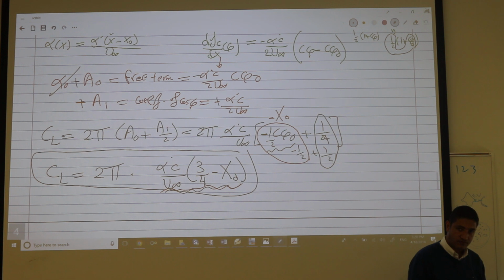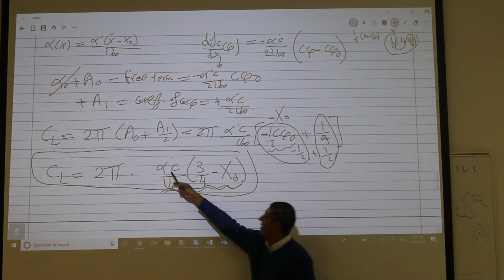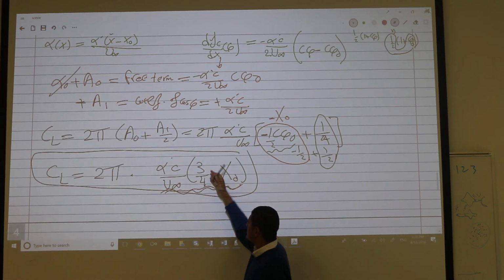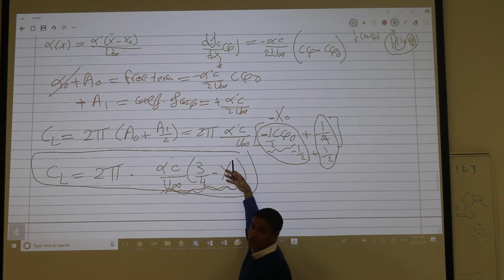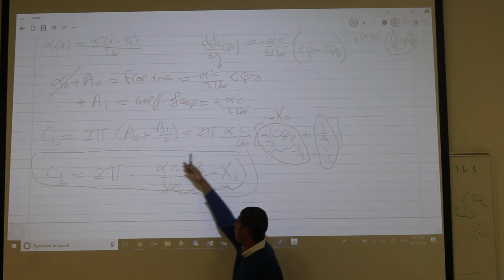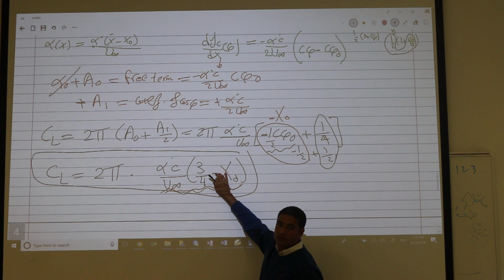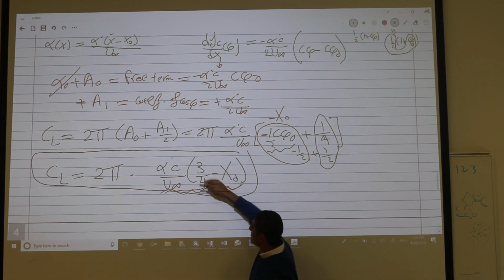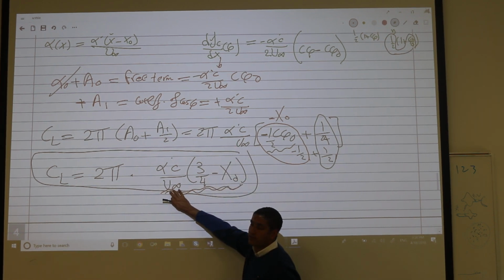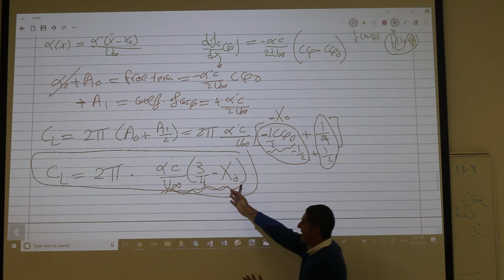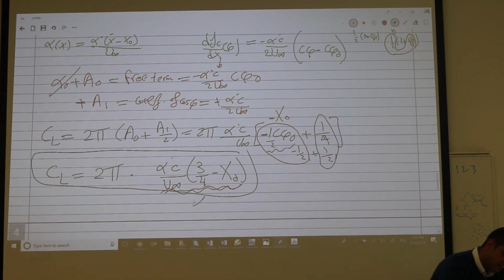Come on. Alpha dot times this distance, the distance between the 3/4 point and the hinge, gives you the normal velocity at the 3/4 chord point. The normal velocity divided by U infinity gives you the angle of attack. So this is the angle of attack at the 3/4 chord point.